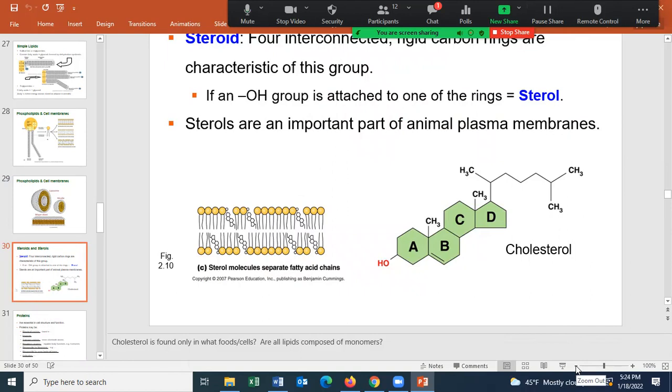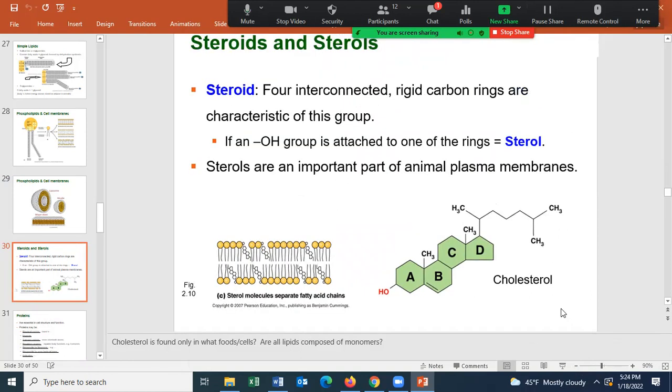Steroids are four interconnected rigid carbon rings shown here that characterize this group, and they form the steroids. If there's an OH group attached to the steroid right here, we then call it a sterol. And cholesterol is the most important sterol in our bodies. Sterols are an important part of the animal plasma membrane.